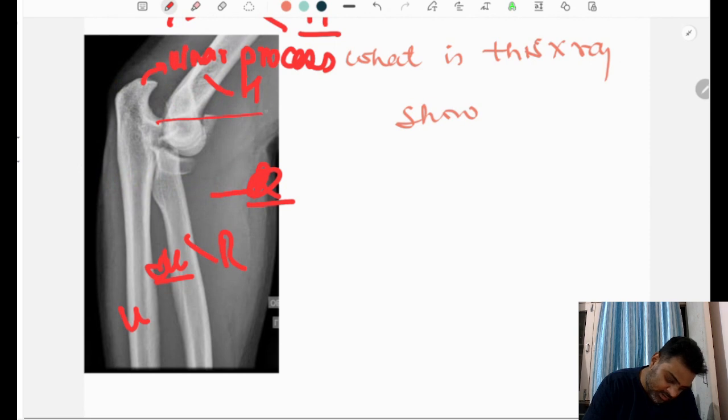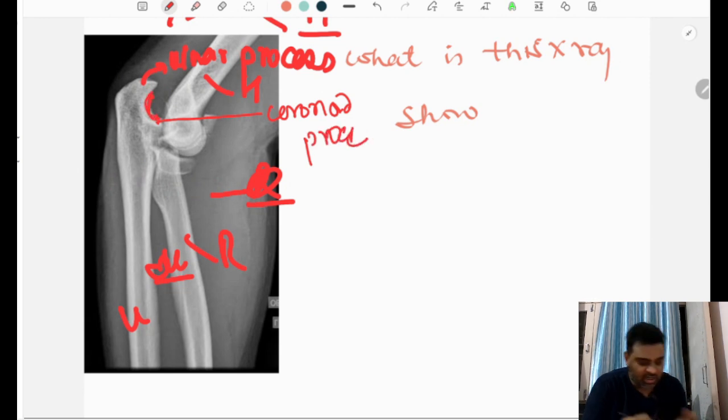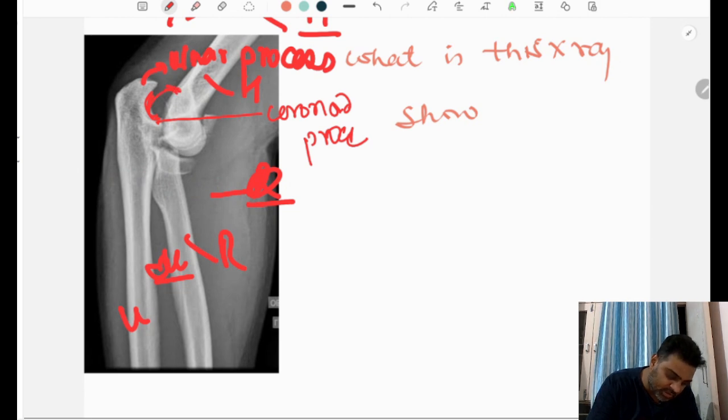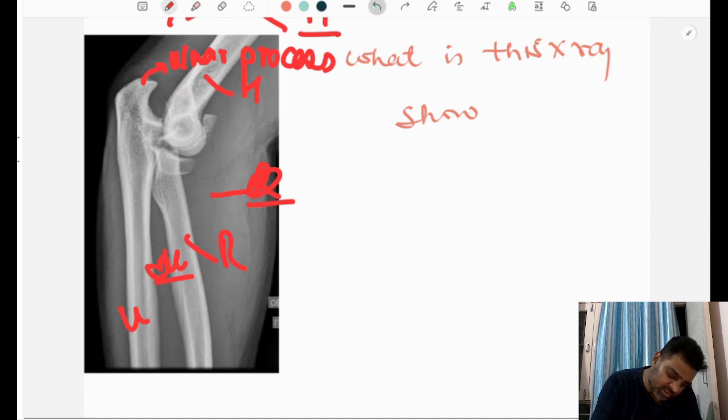This is the coronoid process, and this is the cavity which gets fixed into this. On the posterior surface of the distal end of the humerus, we have the olecranon fossa. So what we are seeing here, just see again.